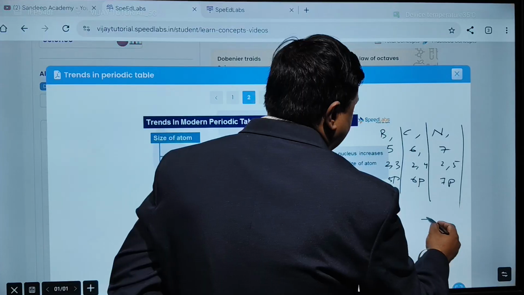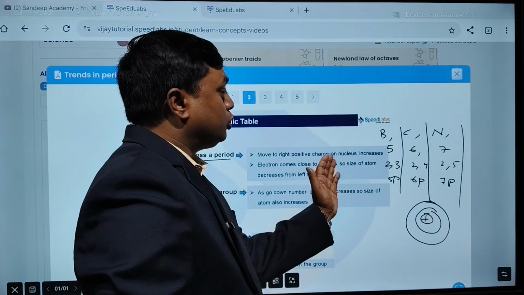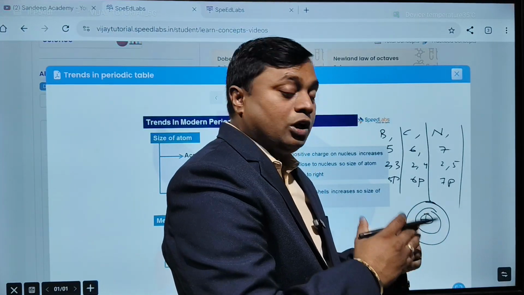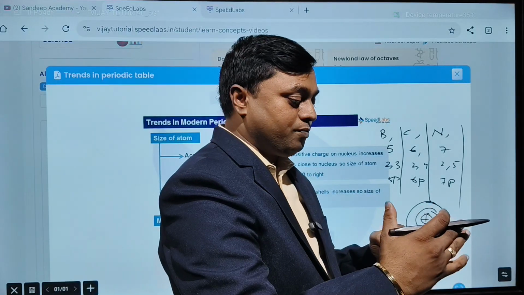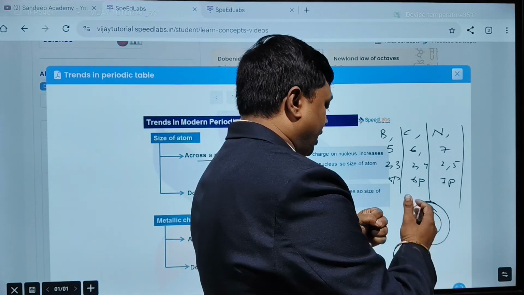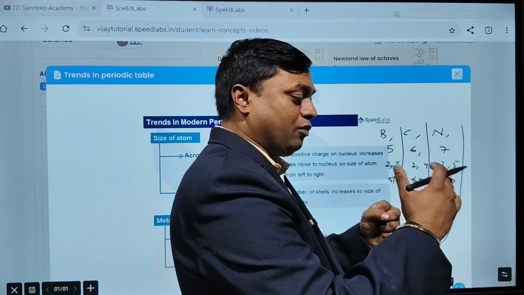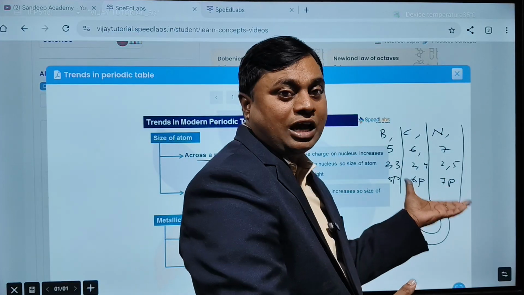Protons are present inside the nucleus of the atom. So as the number of protons in the nucleus increases, nuclear charge increases. Nuclear charge is a positive charge, so the attractive force by the nucleus on the valence electrons is more. When you move from left to right, the size will contract, size decreases.